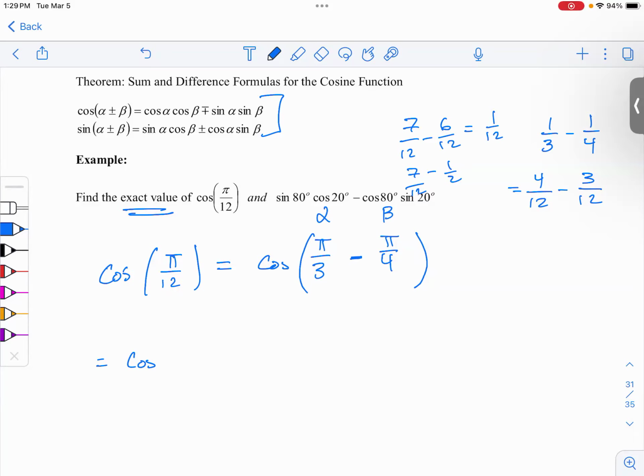So cosine alpha, cosine beta. It's opposite sign, so since I had a negative there, and that's what the formula says, the positive goes with the negative and the negative goes with the positive. Since I had a negative in here, what is it out here?